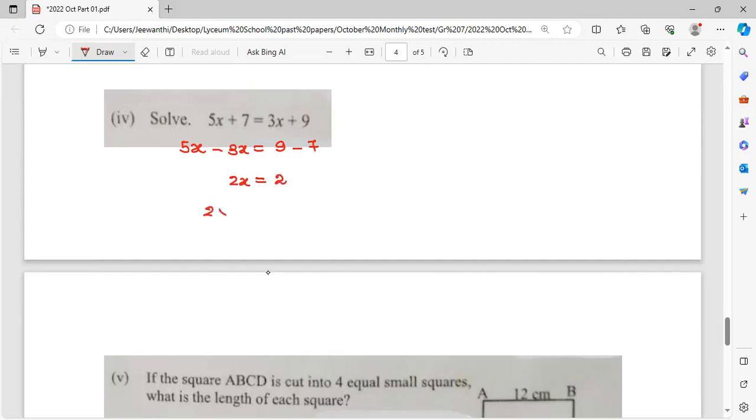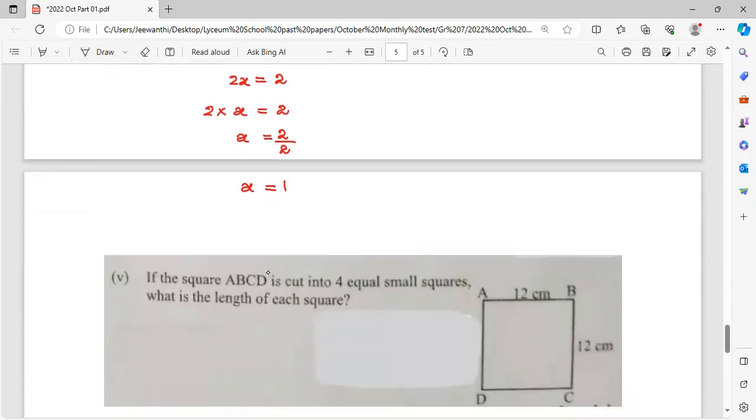So 2 times x equal to 2. So x equals 2 over 2. So x is equal to 1.